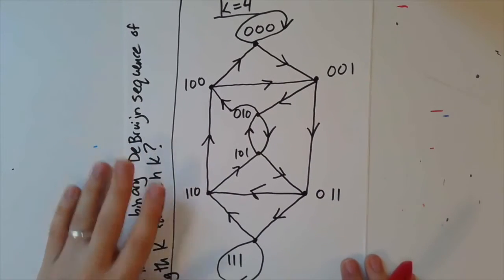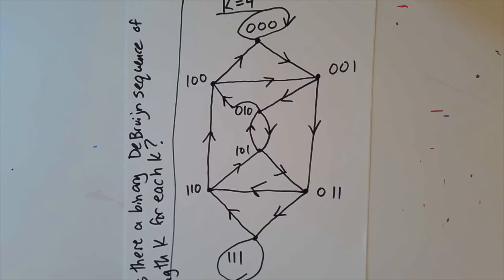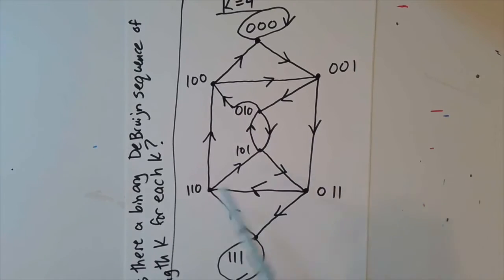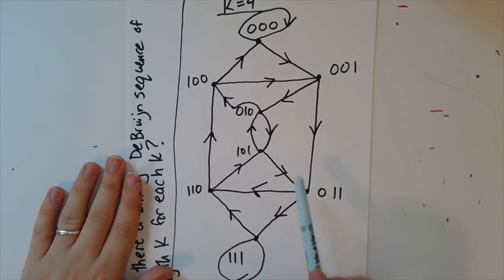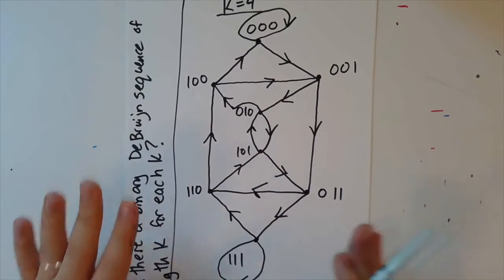Okay, so if you go back to our proof of Euler's theorem and replace graph with directed graph, replace every vertex has even degree with every vertex has in degree equal to out degree, and replace connected with you can get from anywhere to anywhere else by following the arrows, so-called strongly connected is the technical term for it, then the proof works just the same way.